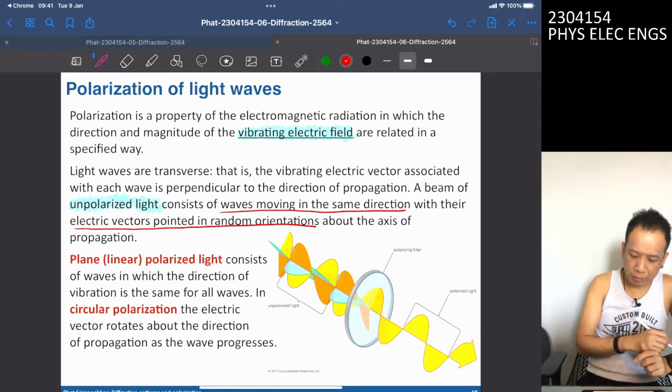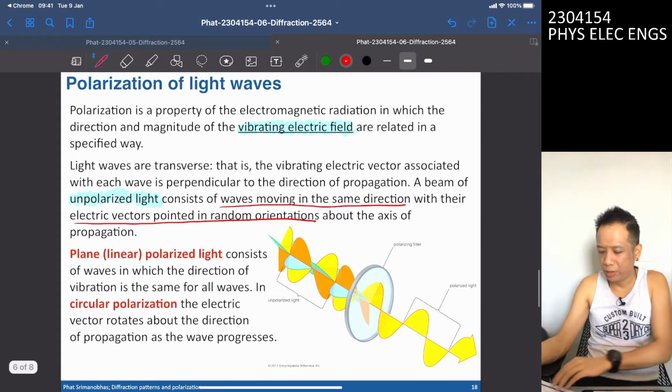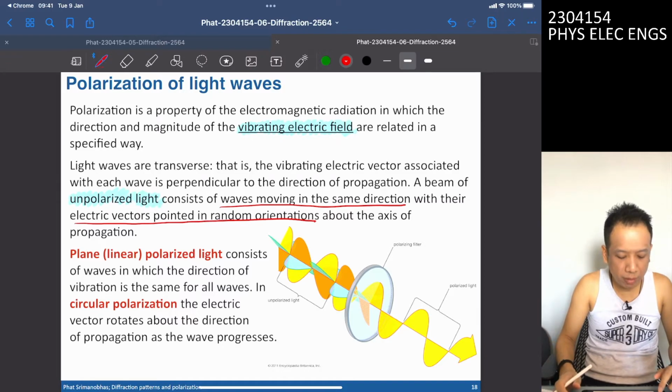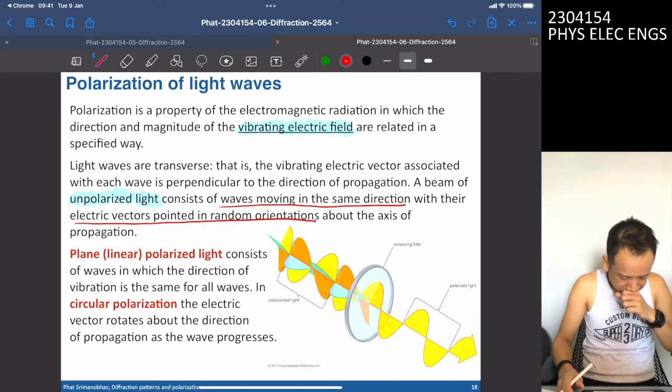Then if it passes what we call polarization filters, or any material that has the optical property to create polarization, it can become polarized light. Roughly, there are two types of polarization. The first one is called plane or linear polarized light. In this case, the direction of vibration is the same for all waves.